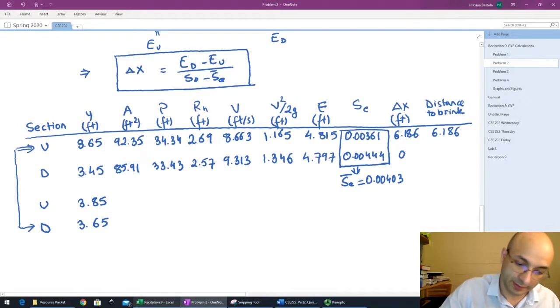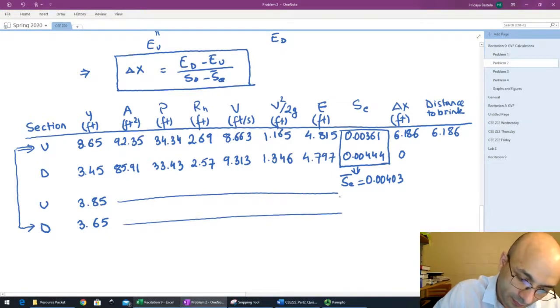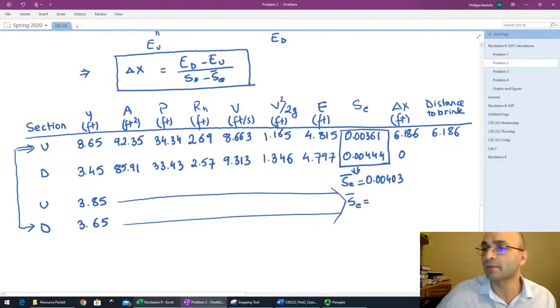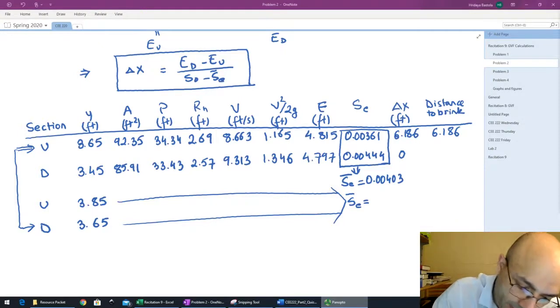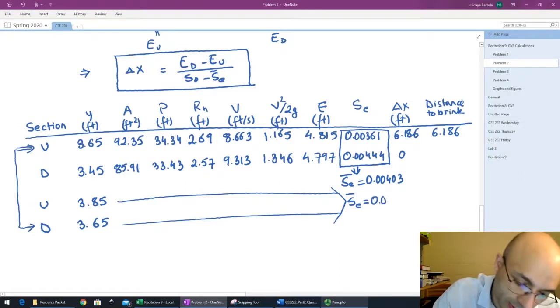So we can then repeat the same process as the first one. And that'll give us SE average, we'll get an SE average of 0.00329.